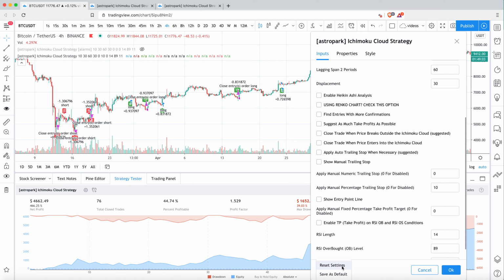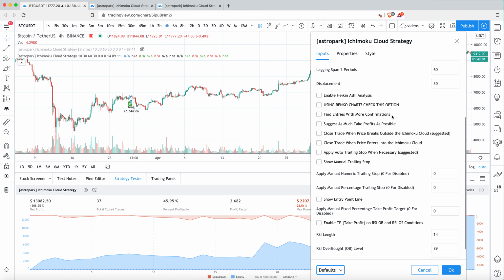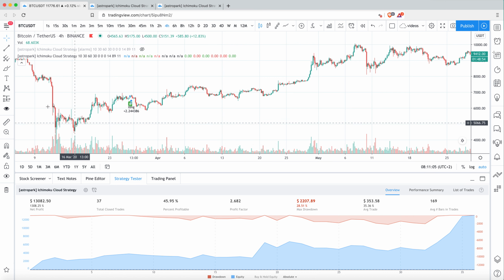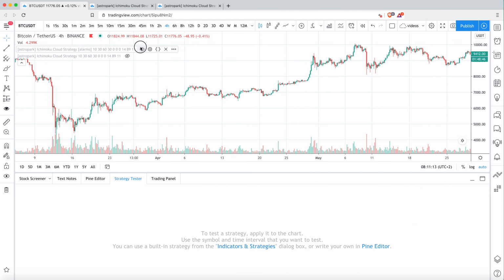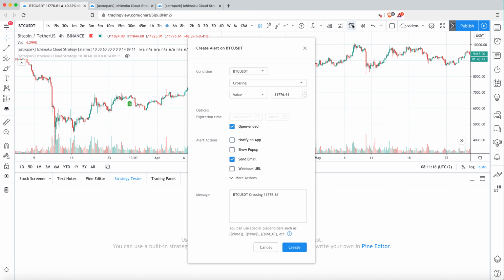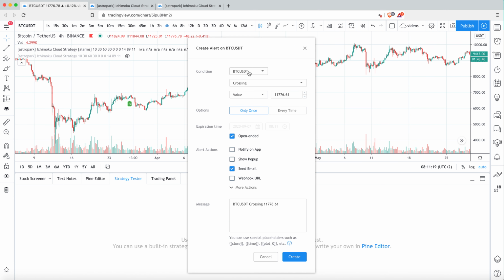Okay, but let's reset everything, and see what we can do. This is the indicator for the strategy backtesting. You can't set alerts with this, but you can with this one.